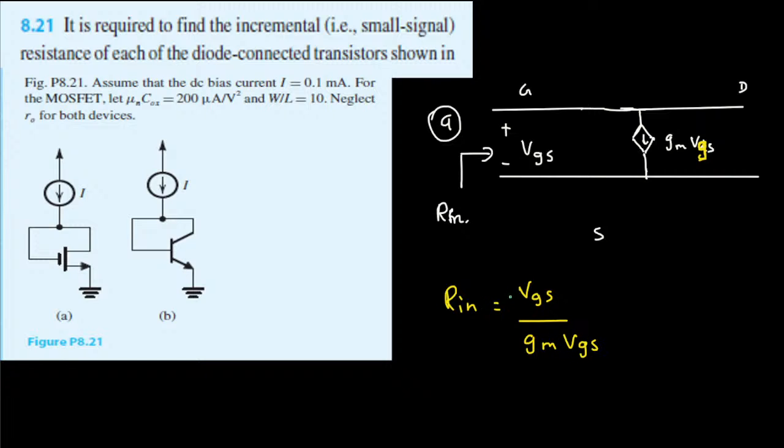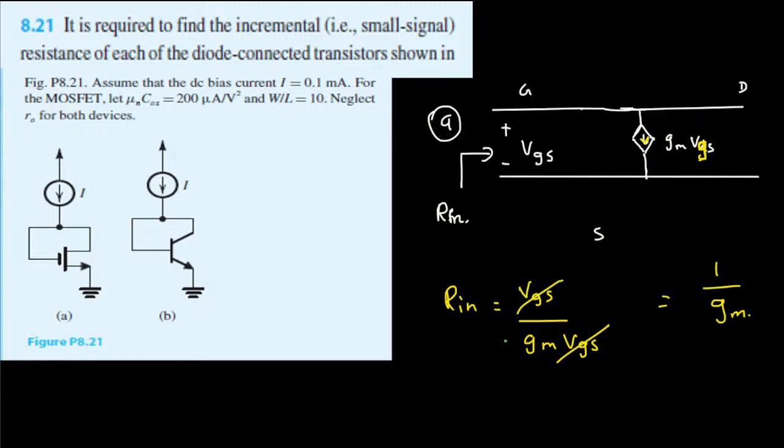V in our case is VGS, and the current is the current source that we have right here, that is gm VGS. So VGS cancels, and Rin comes out to be 1 over gm. But gm is not provided in the question, so we have to figure out what gm is in order to solve for Rin.